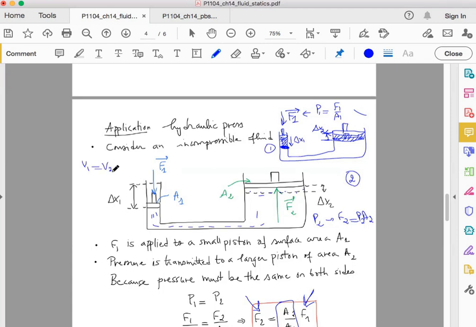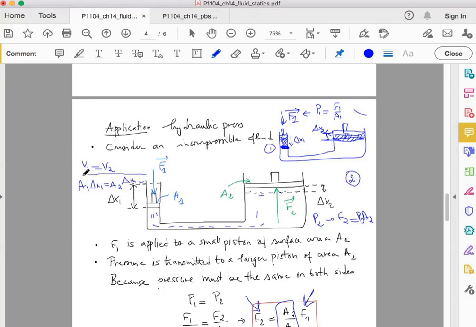The volume of fluid displaced on one side is equal to the volume of fluid displaced on the other side. How much is the volume of the cylinder? On the first side, the volume is equal to A1 times delta x1, and on the other side, the volume going from the initial position to the higher position is equal to A2 multiplied by delta x2.